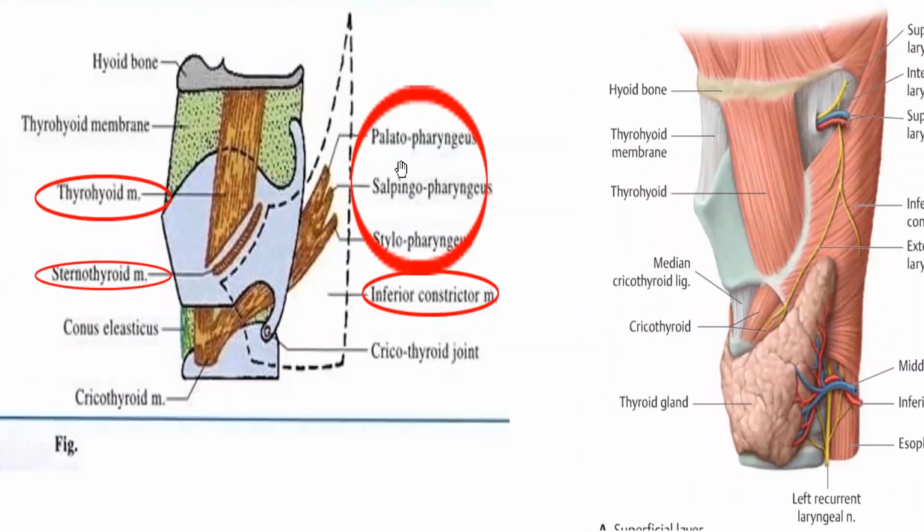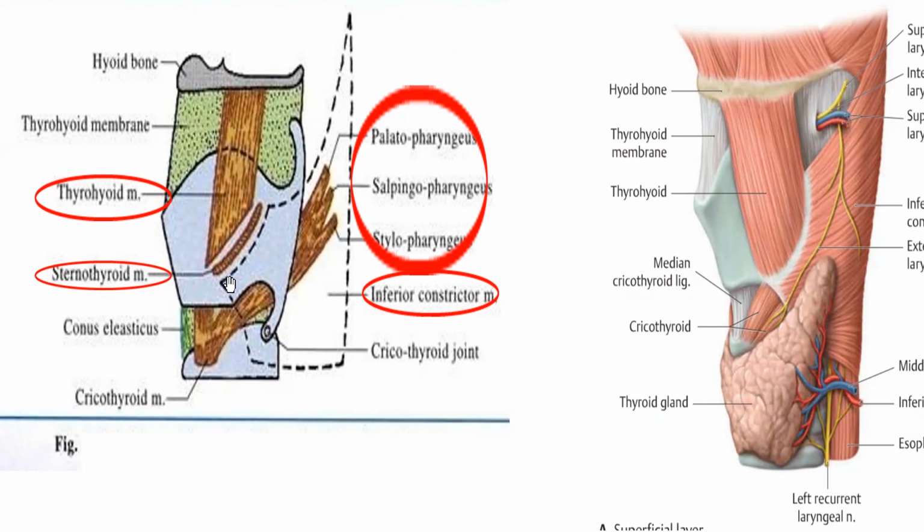Now along the posterior border of the thyroid cartilage, three pharyngeal muscles are attached: palatopharyngeus, salpingopharyngeus and the stylopharyngeus muscle. These three muscles of the pharynx are responsible for the elevation of the larynx during the process of deglutition. Along the inferior border of the thyroid cartilage, a muscle, the cricothyroid muscle, will be attaching the cartilage to the cricoid cartilage.